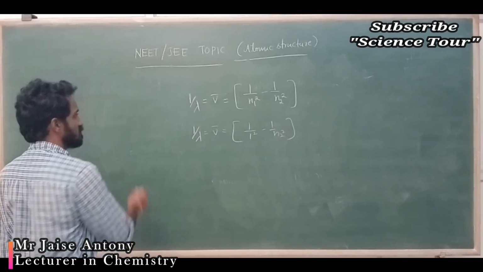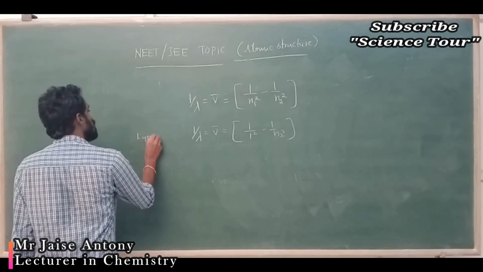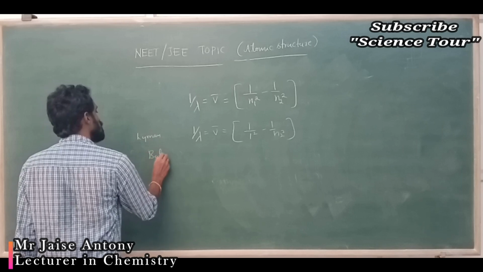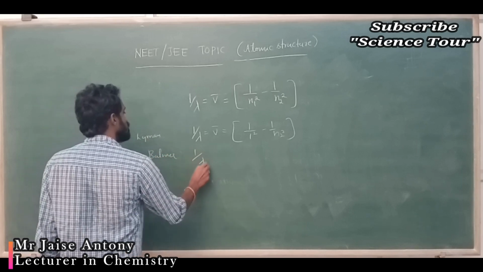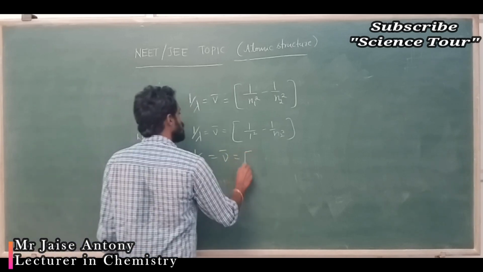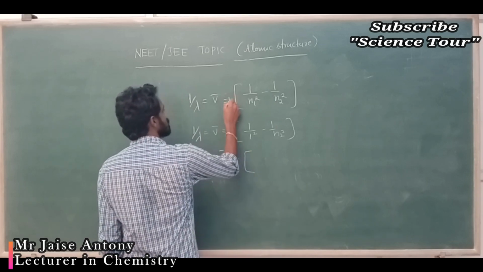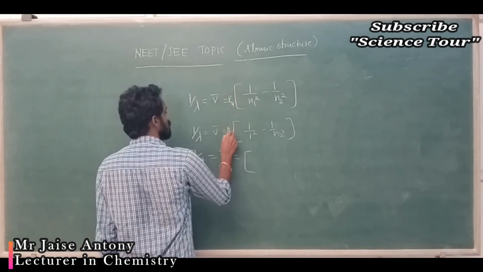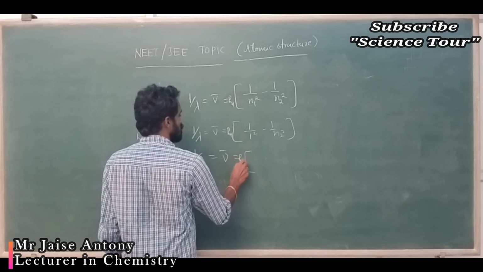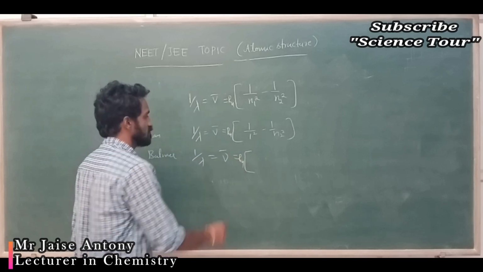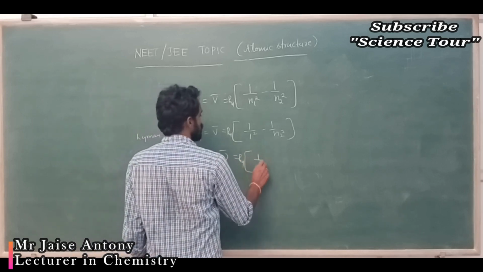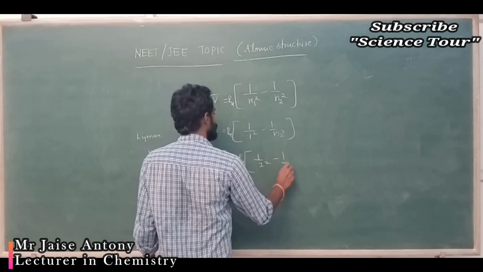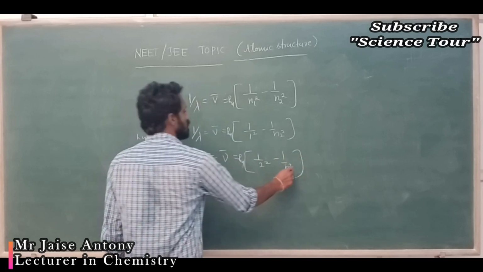Here R_H is there, my dear students, the Rydberg constant, correct? For Balmer, it is 2 square minus 1 by n2 square, where n2 means the next higher energy level, correct?